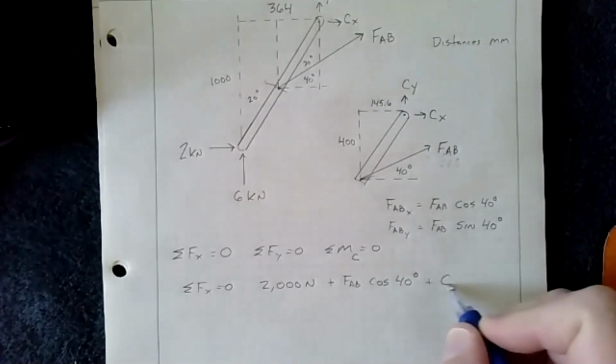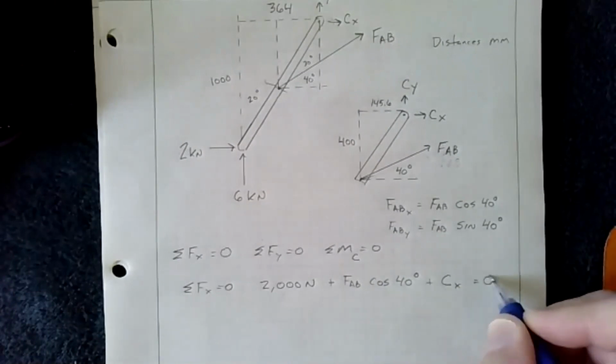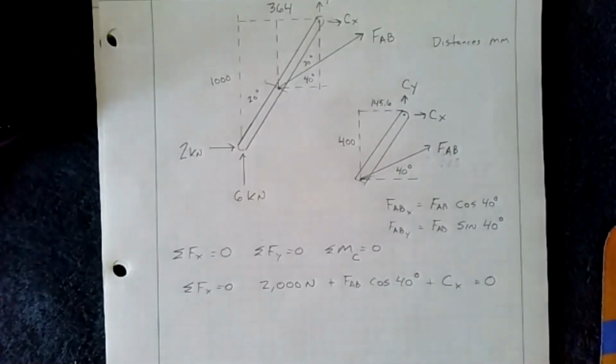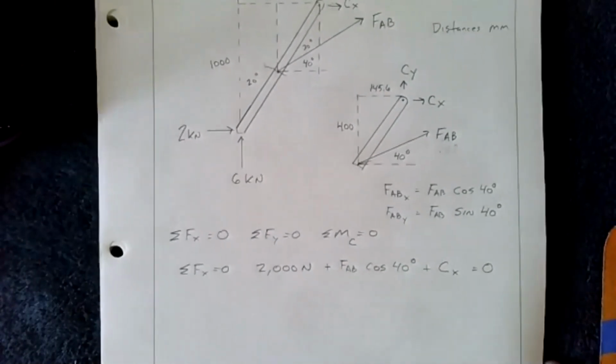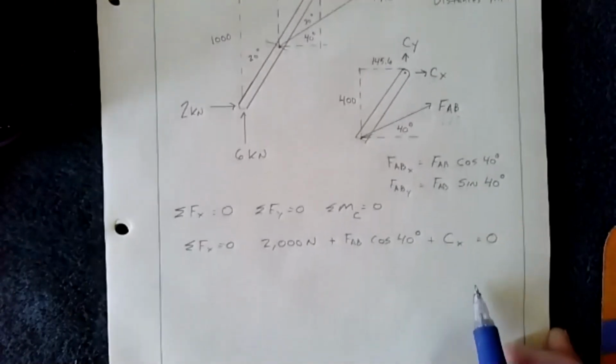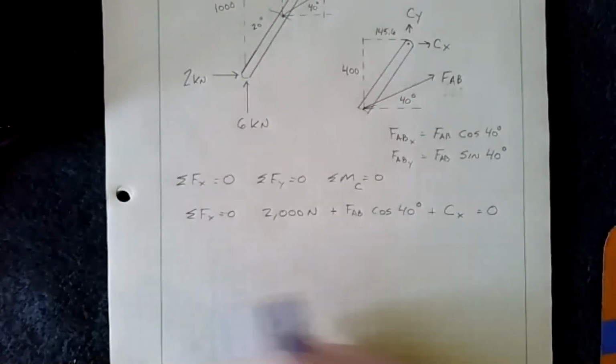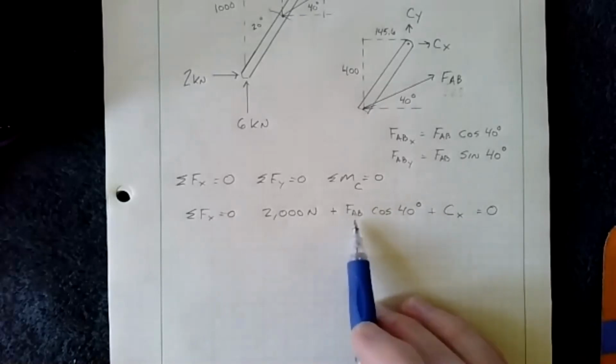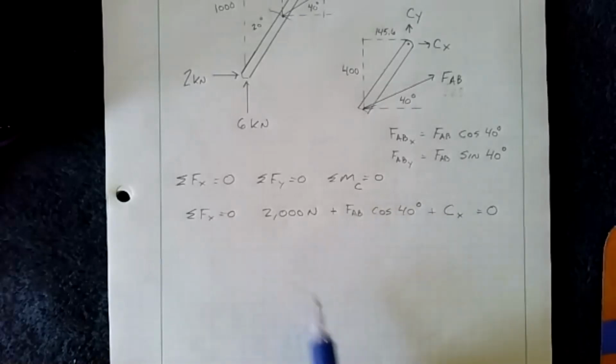And that's going to be plus the X component at C. And I'm just assuming it's going to be positive. I don't know for a fact, but it'll come out in the wash later if it's not. So there's my equation. I'm going to leave that there. I'm going to skip a space because we're going to come back. Once we know a force AB, we're going to come back and solve for C.